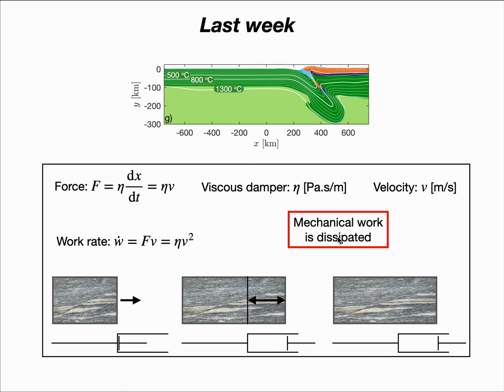This means that the mechanical work is being dissipated and there is a feedback. So the temperature can be produced by viscous dissipation due to the deformation, and we even discussed the possibility of this influence on the generation of subduction zones on the Earth.